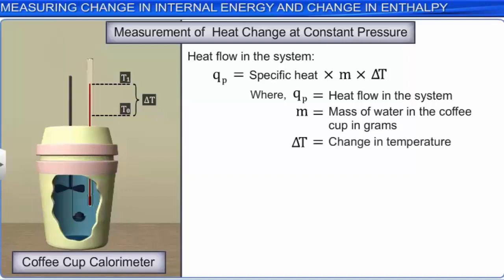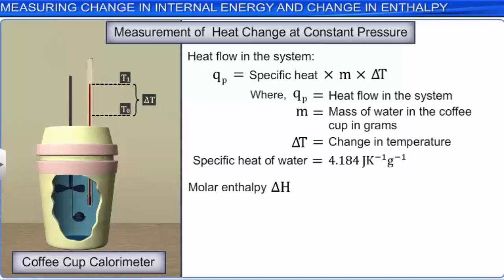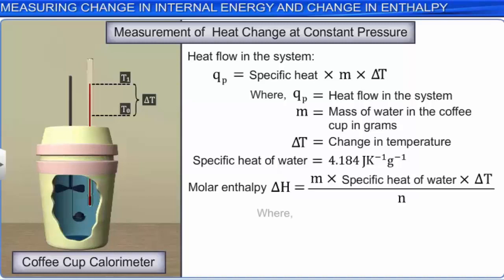Specific heat of water is taken as 4.184 joules per Kelvin per gram. Therefore, the formula for calculating molar enthalpy delta H is delta H = m × specific heat of water × delta T / n, where n is the number of moles of the reacting substance in the system.